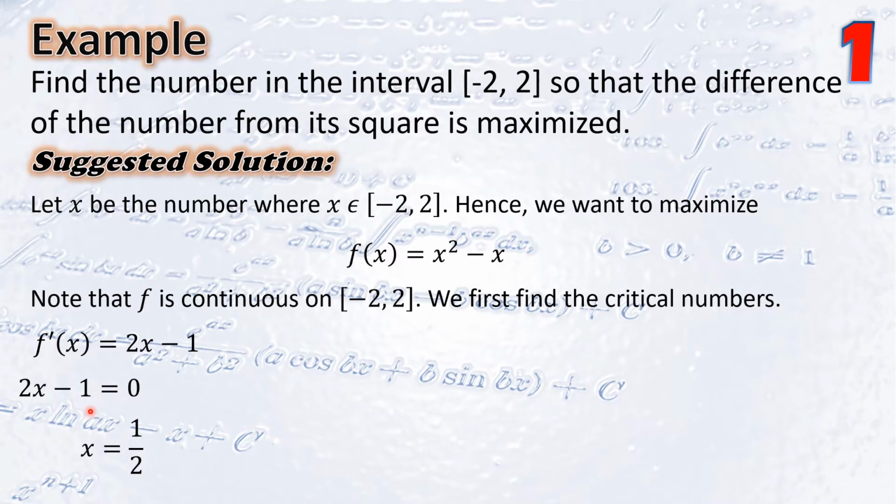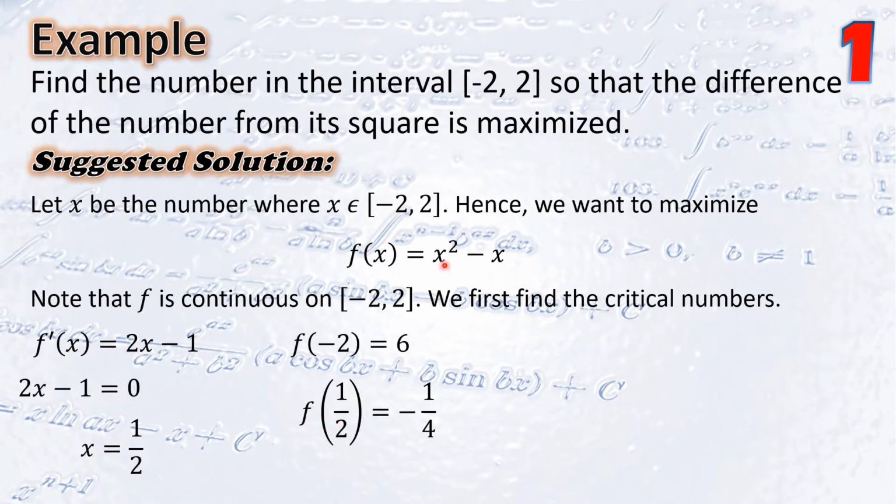Then we compare the function values at the critical number and the endpoints of the closed interval -2, 2. Solving, we have f of -2 is equal to -2 squared is 4 minus -2, that will be 6. Then let us have f of 1/2, that is our critical number.